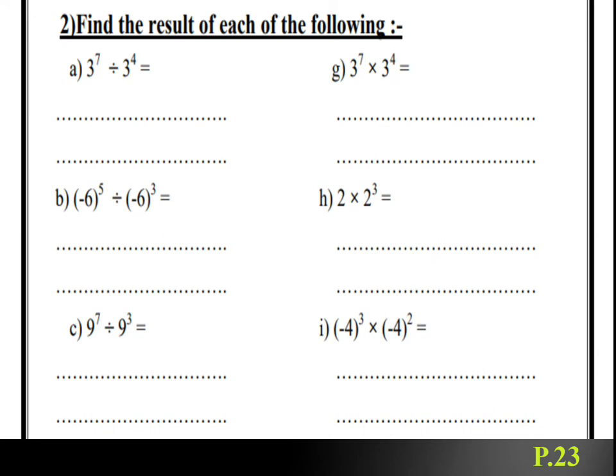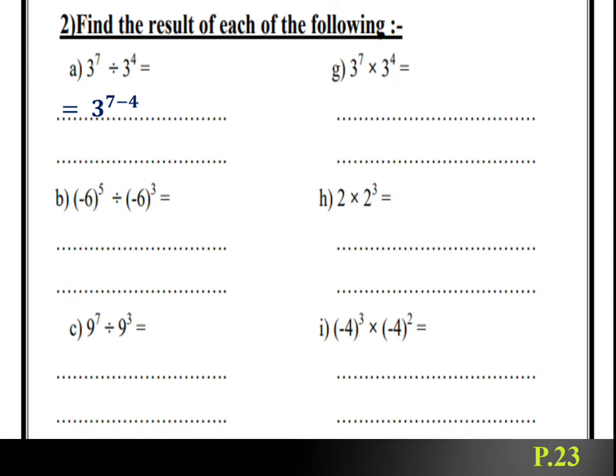So if we have same bases and the division sign between them or multiplication sign between them, we have to subtract the powers in the division and add the powers in the multiplication. And here we have the division sign, so we have to subtract the powers as we can see in this step. So 3 power 7 divided by 3 power 4 equals 3 power 7 minus 4.